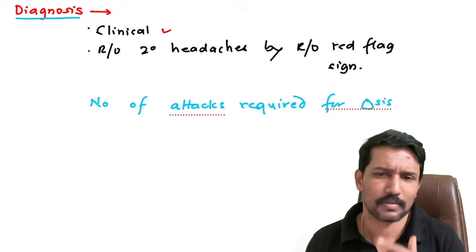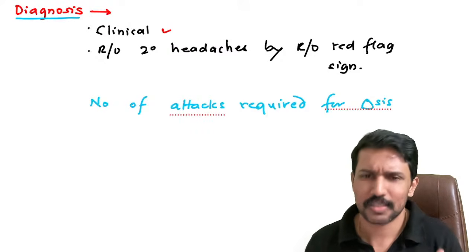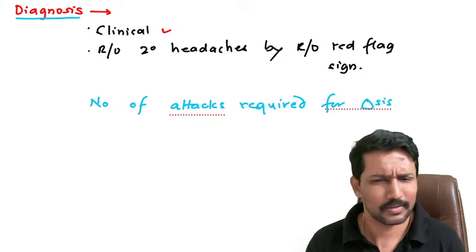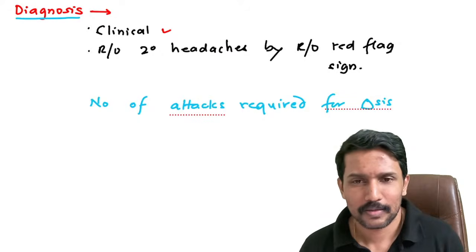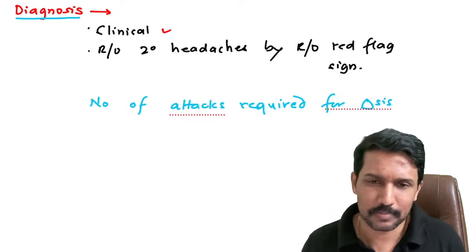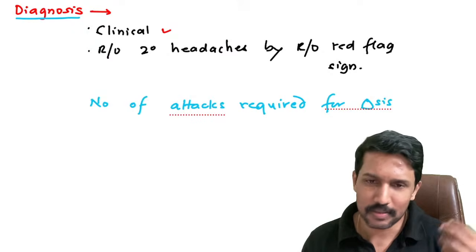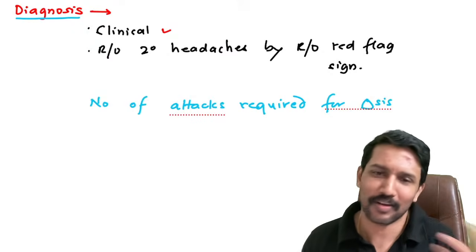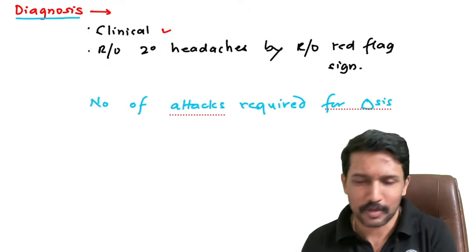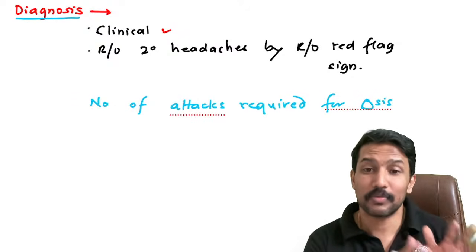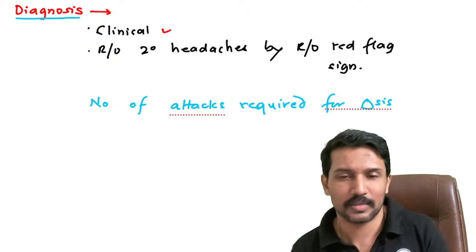Alcohol, hangover, caffeine withdrawal, stress, inadequate sleep. Quite common. Like if a medical student comes and says, "Sir, I'm having headache," should I label it straight away as migraine? No. Maybe yesterday he did a late night study or a late night party. So either it's because of lack of sleep or it's because of alcoholic hangover, he may be having the headache. So I don't have to label it as migraine with just one episode.